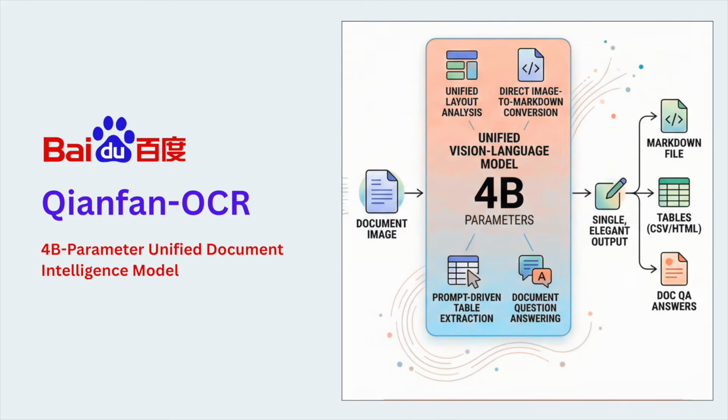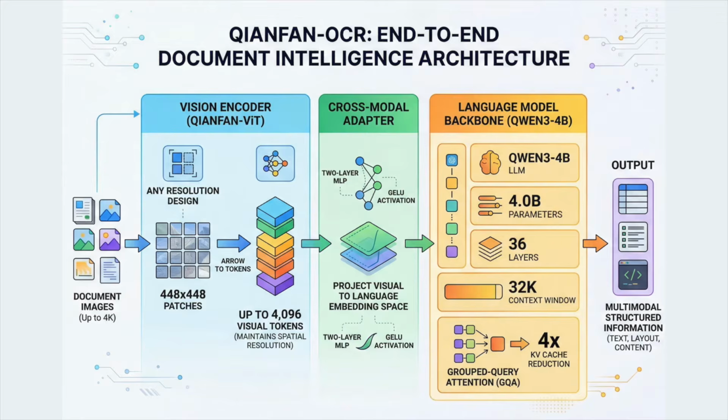This unified design allows the model to retain full visual context throughout processing and eliminates the interstage error propagation typical of fragmented OCR systems. Qianfan-OCR utilizes a multimodal bridging architecture consisting of three primary components designed for high-resolution document processing.